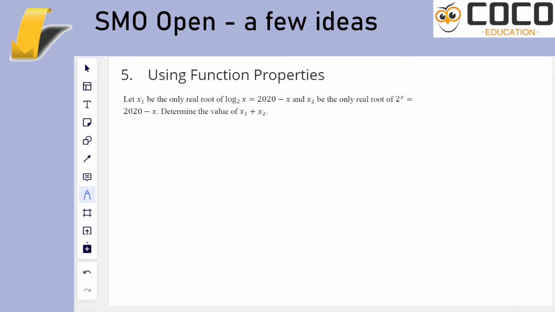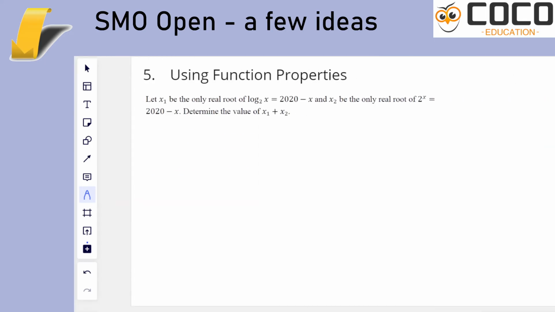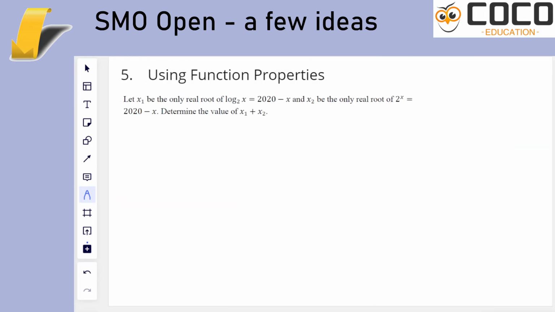But you should ask the question, even for the one we just saw, how am I even supposed to find S when S could seemingly be anything? Here, you should be asking the question, how is it that x1 plus x2 is nice when x1 and x2 themselves are clearly going to be very ugly?